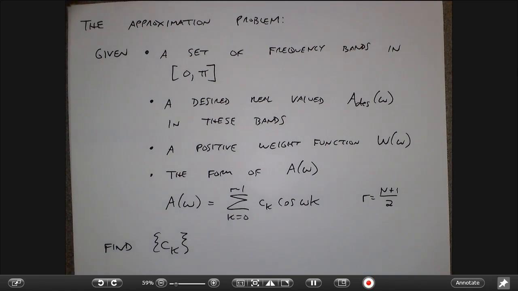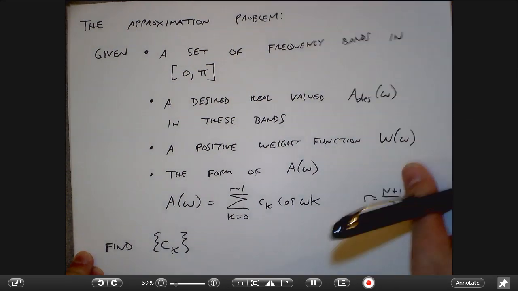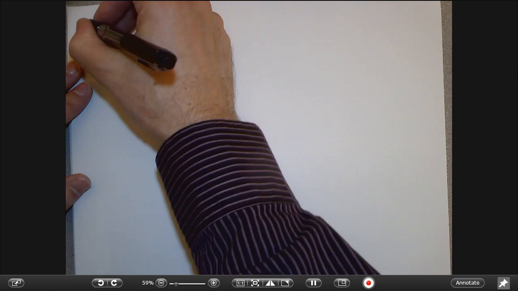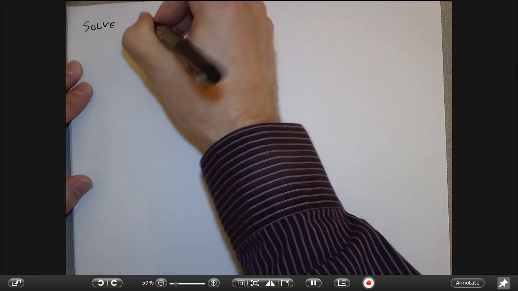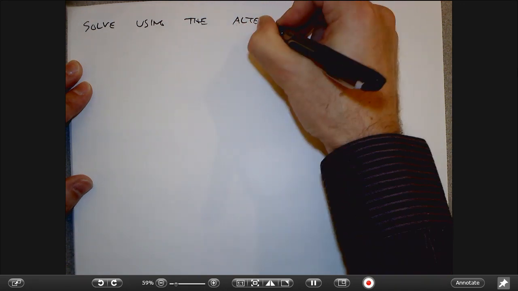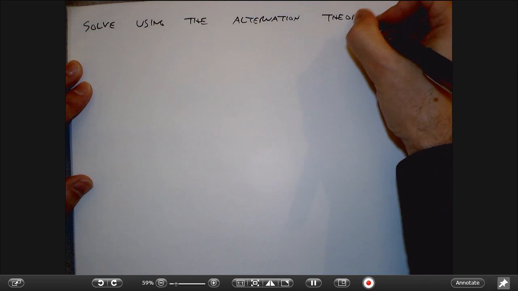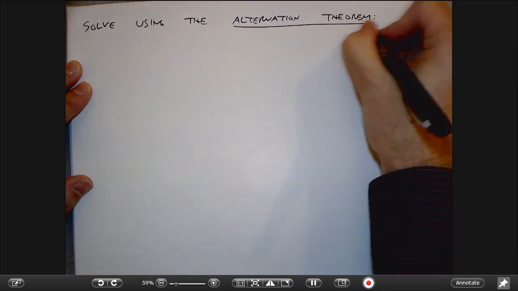And so the theorem that lets us know how we can solve this problem is kind of interesting. It's called the alternation theorem. So we solve using the alternation theorem. Which I'm not going to prove or anything like that.